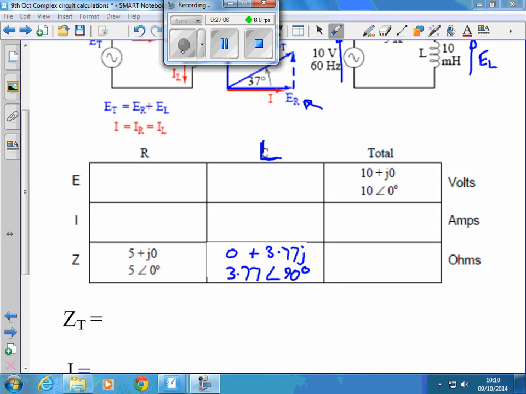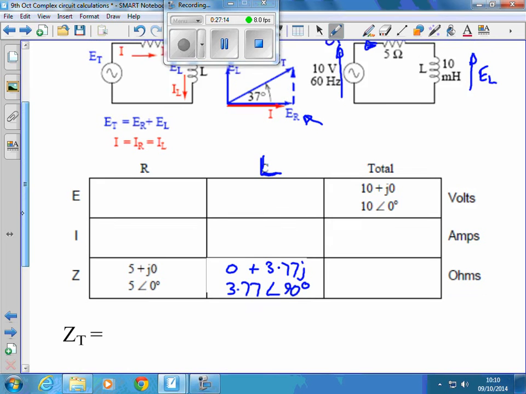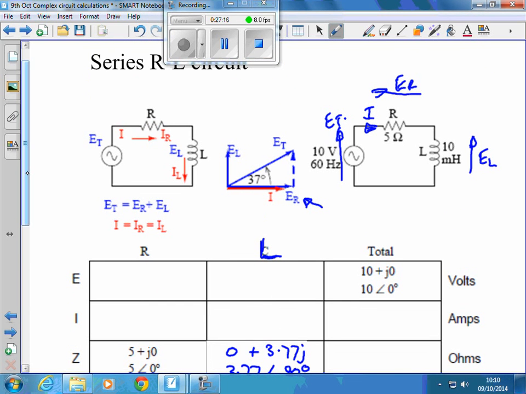Okay. Now, to calculate the total impedance of this circuit, what impedances have we got in that circuit? How do we normally calculate total impedance? We've got an R and we've got XL associated with this. If they were two resistors, how would you calculate the total resistance? You'd add them together.